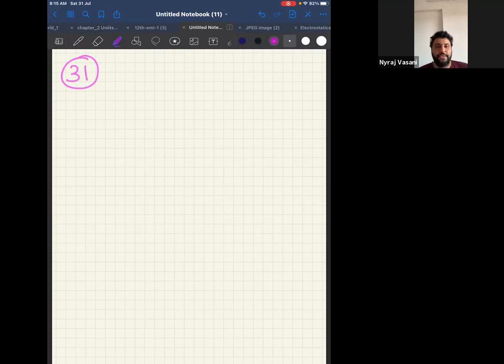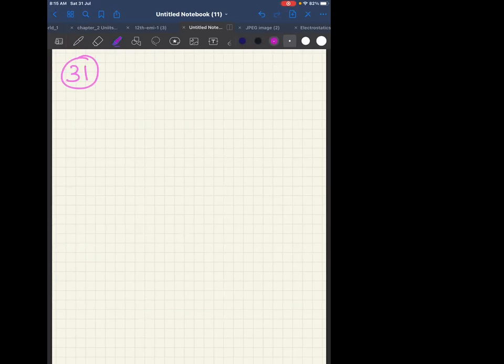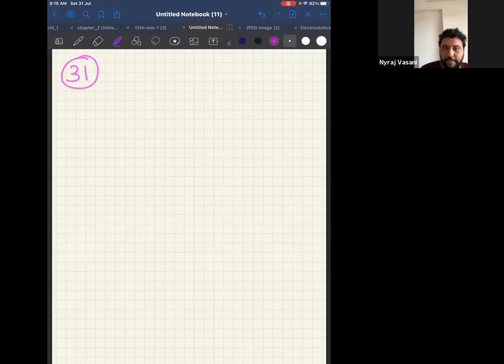Can anyone tell me what is rotational velocity? Velocity is V. What is rotational velocity? See, angular frequency, rotational velocity is omega. If velocity is V, rotational velocity is omega. Okay. What happens if this is doubled?